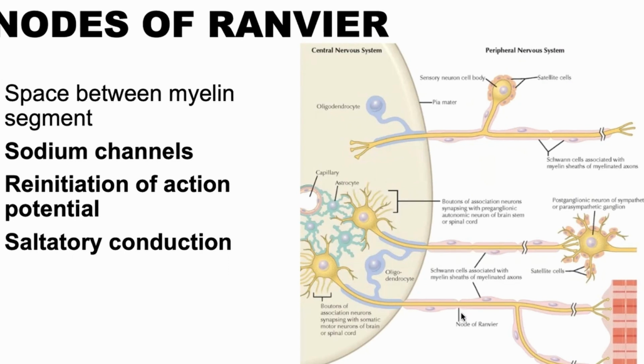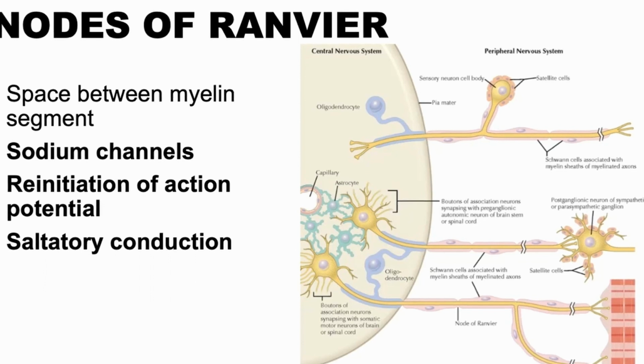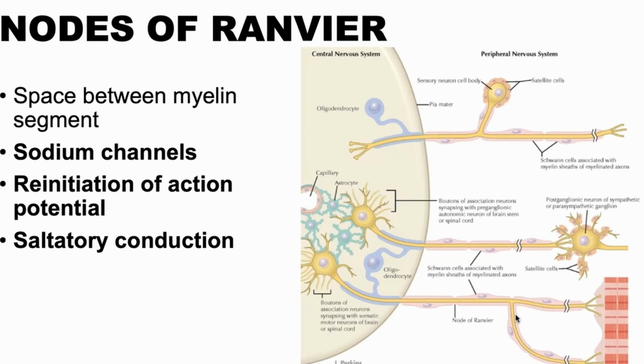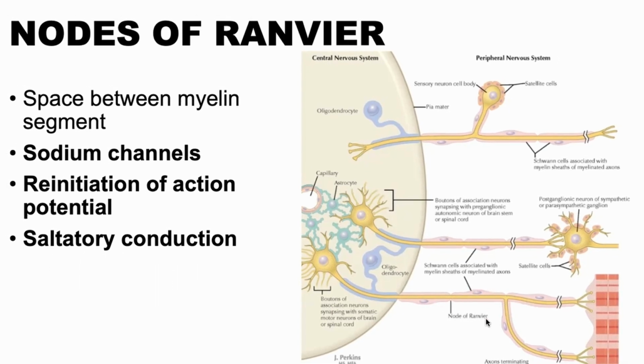So the nodes of Ranvier are between the segments, and these nodes of Ranvier contain ion channels, and these channels also help to reinitiate the action potential. So when the action potential, for example, is being propagated from here to here to here, there are ion channels that have to be activated within the nodes of Ranvier that will reinitiate the action potential at each segment.